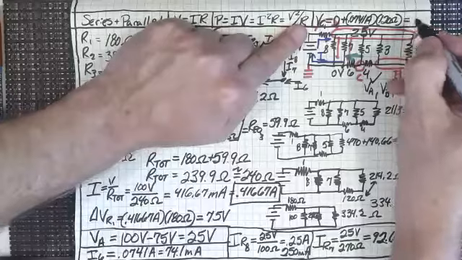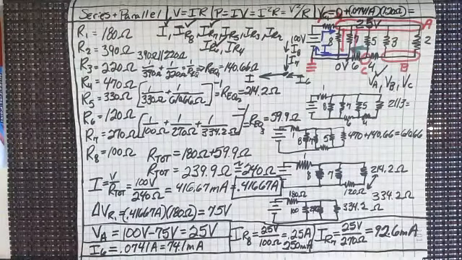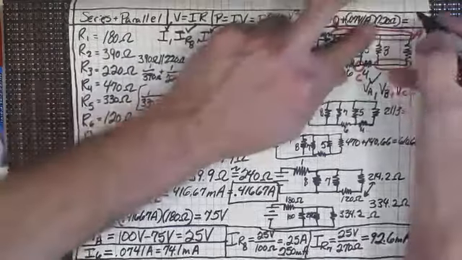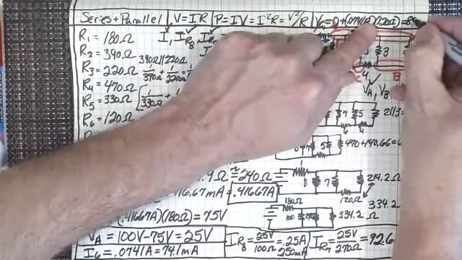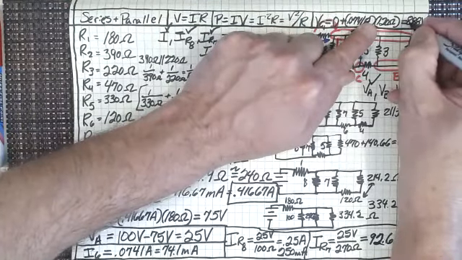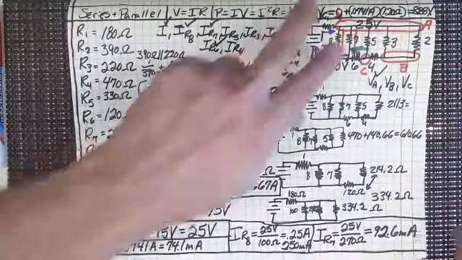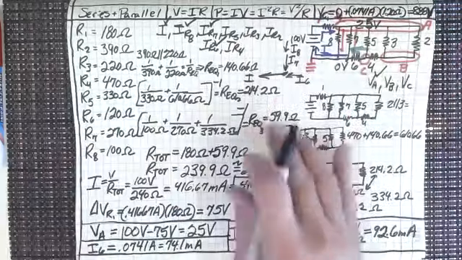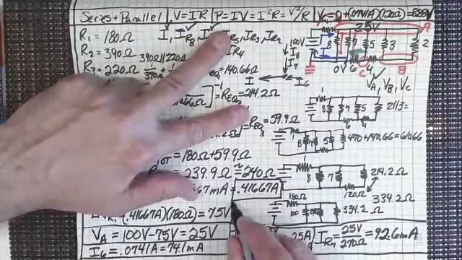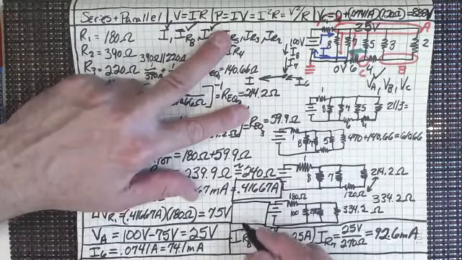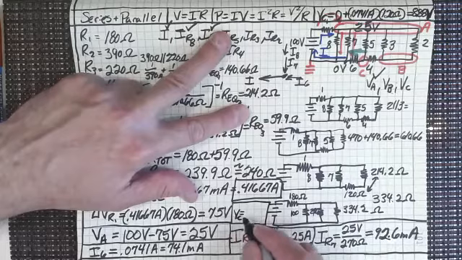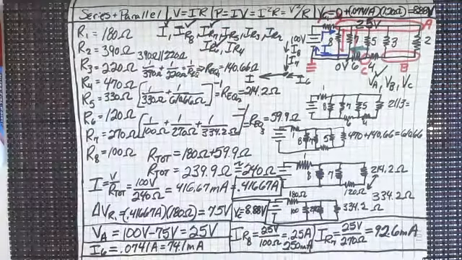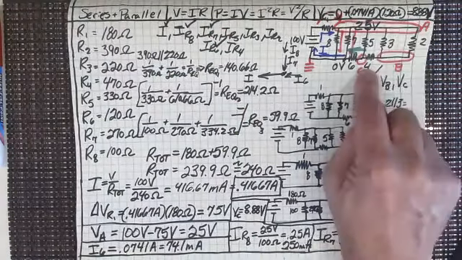That tells us it's 8.88 volts. So we can put that one down here too: V sub C equals 8.88 volts.